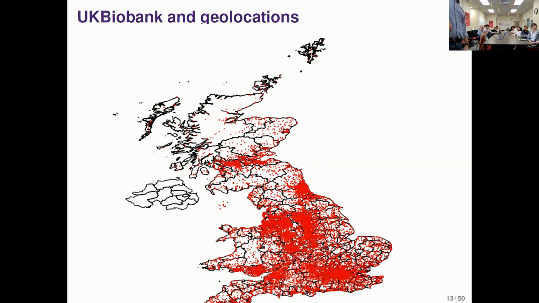There are far fewer people living in Scotland than in England, and so on. And probably some error too. This is actually the zero coordinate. Some people are recorded here, but they're not living here. It's a 1 kilometer grid.